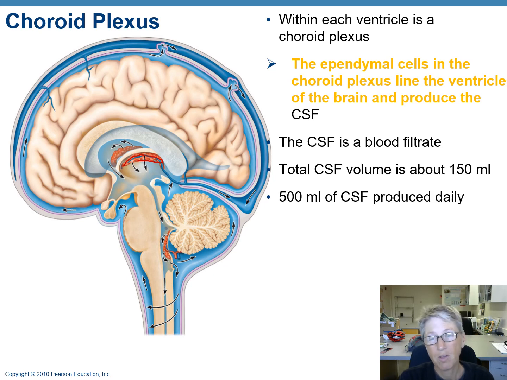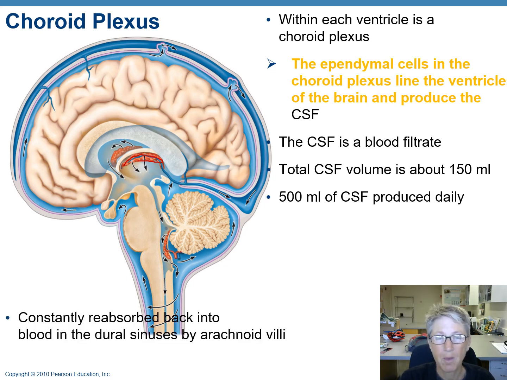Total CSF volume is about 150 mils. A 20-year-old male that weighs 160 pounds will make about 500 mils of CSF daily.